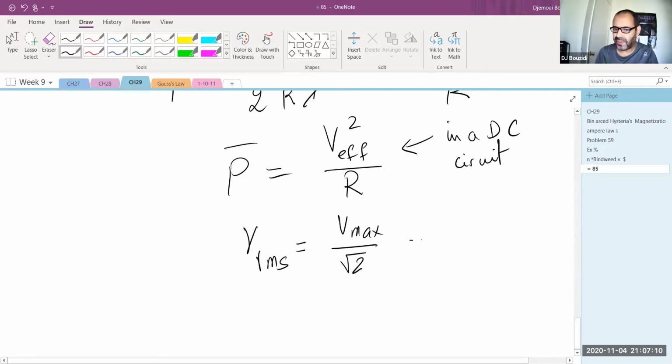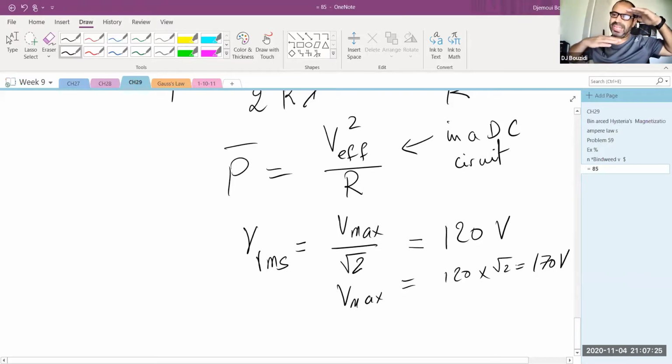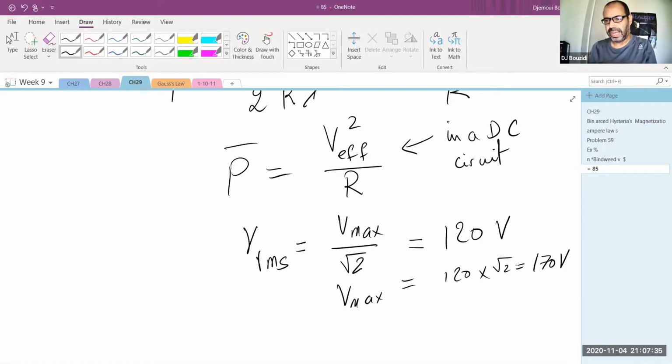In the United States, the RMS value is 120 volts, which means that the Vmax in the United States is 120 times square root of 2. So in the United States, the maximum voltage is 170. So the voltage fluctuates in the United States between 170 and negative 170. On average, it's as if it's working at 120 volts. Effectively, this is how it works.